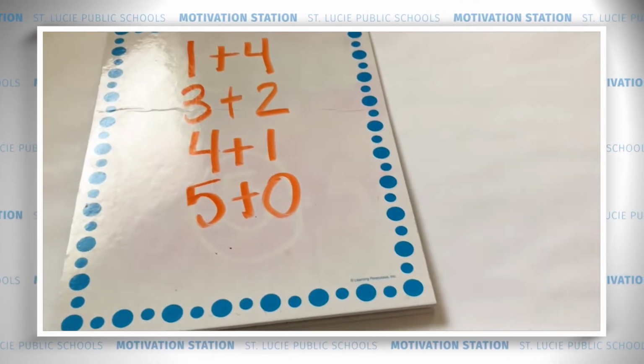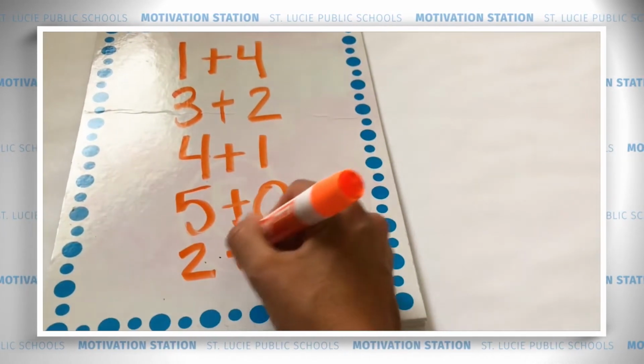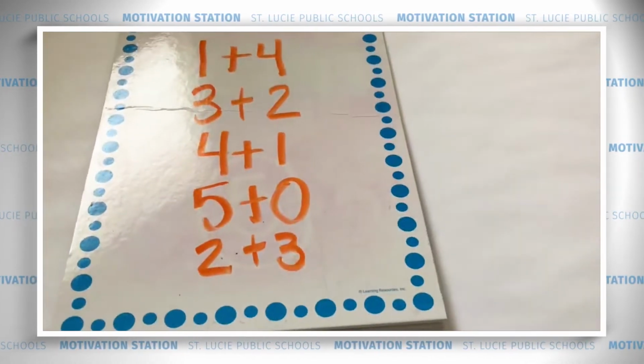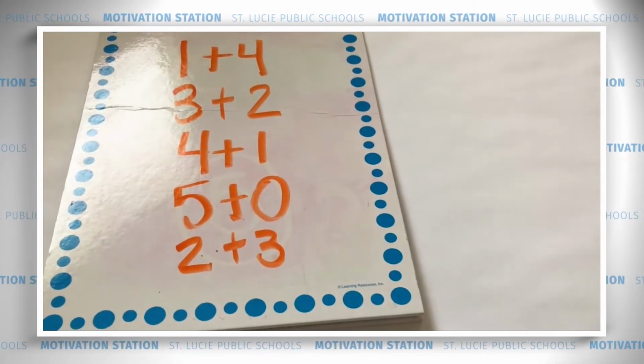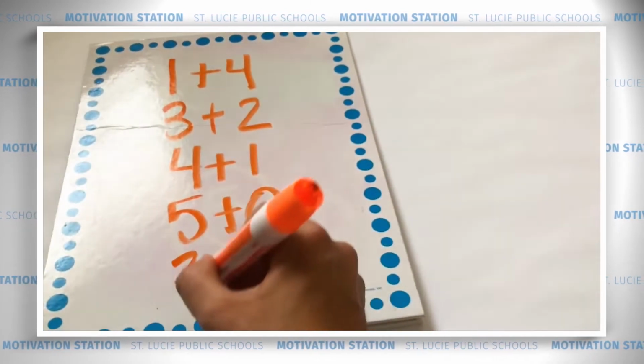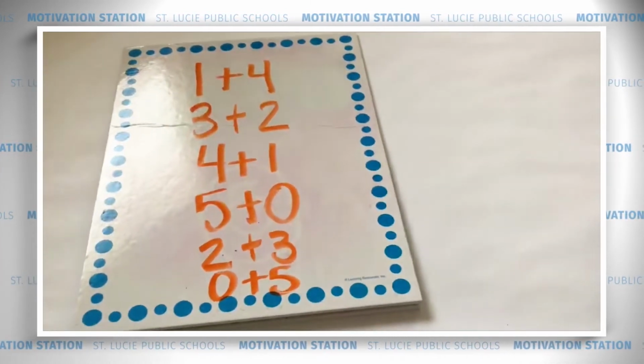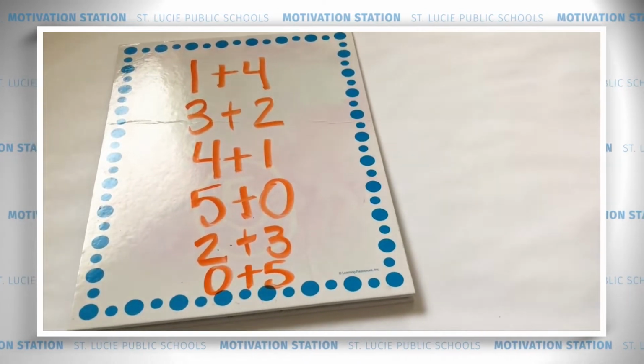Wow, keep them coming. You're doing great. 2 plus 3. Awesome job. I think we just have one more. Do you know it? You're right. 0 plus 5. Wow, look at all these different ways to make the number 5.